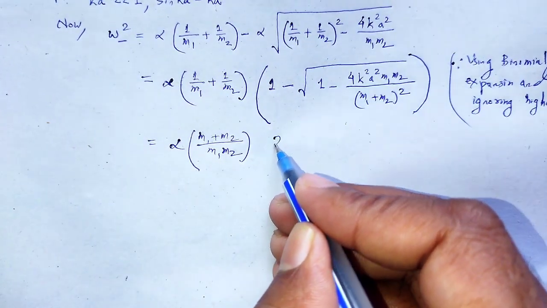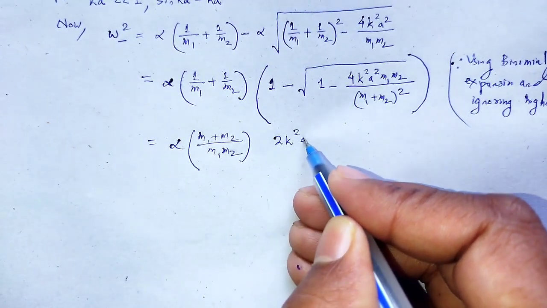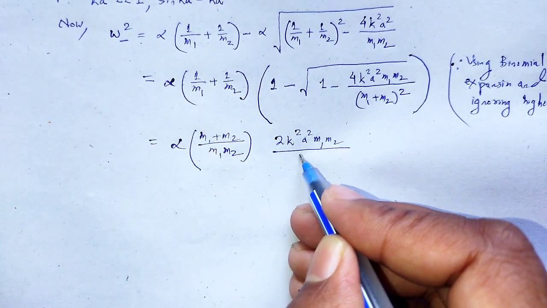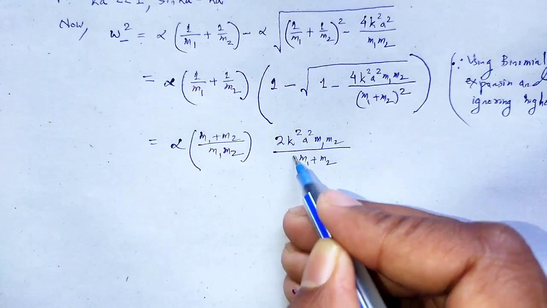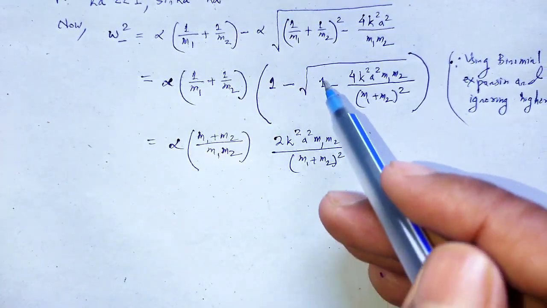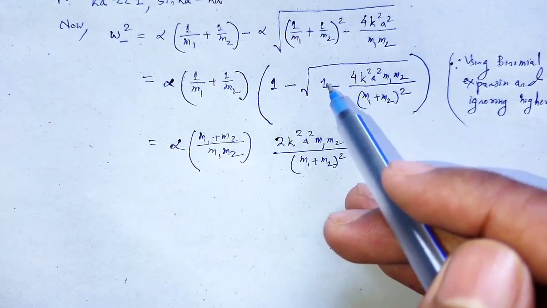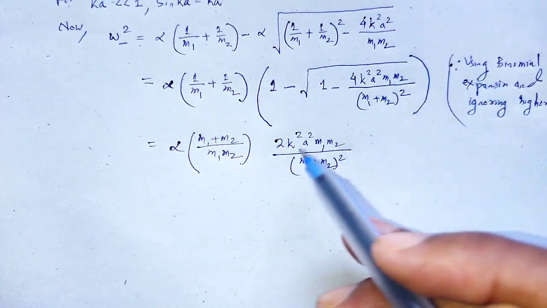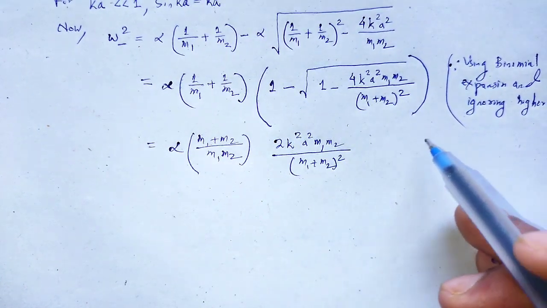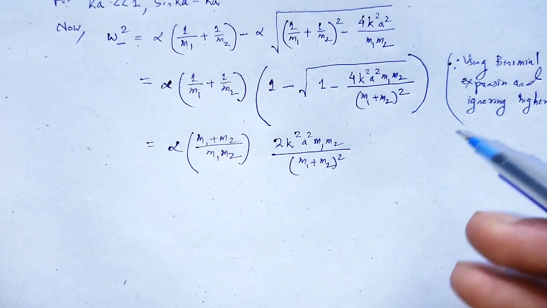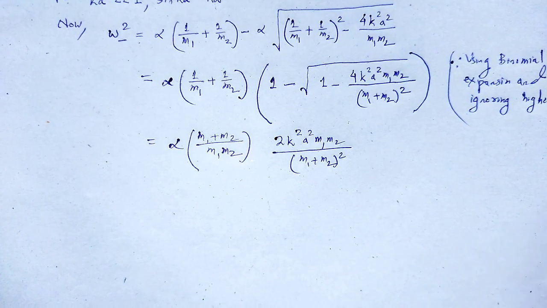Just we have 2k²a² m1m2 divided by (m1 plus m2) whole square, just 1. Here in the binomial expansion there will be a term 1, so 1 minus 1 cancels out, another term starts with this, then the higher terms are neglected, so that term only exists, next terms we neglect as they are higher powers.